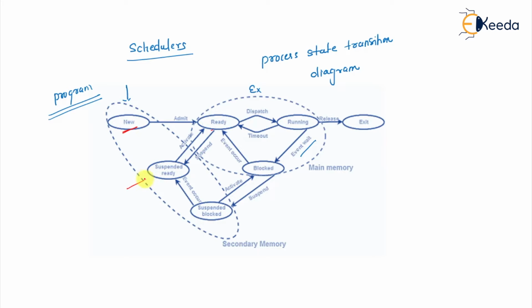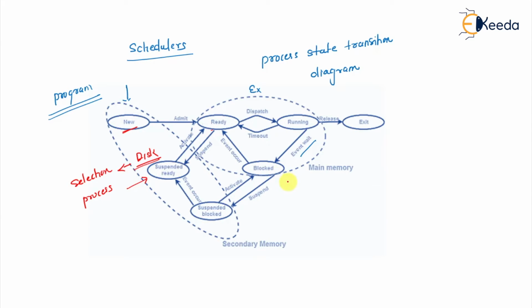If it is in the suspended ready state, which basically resides on the disk, there must be some selection process by which it moves from suspended ready to the ready state.